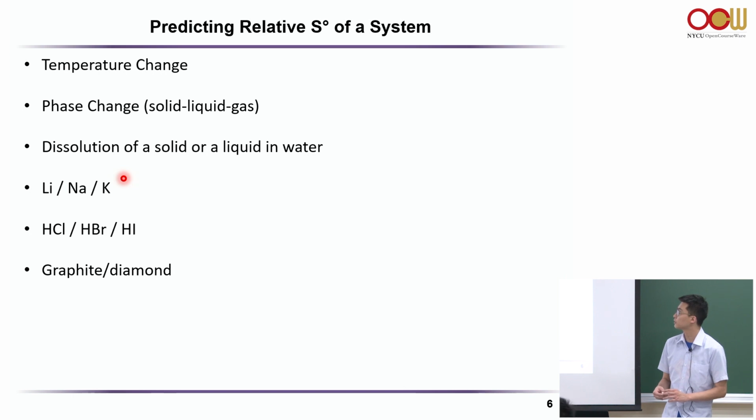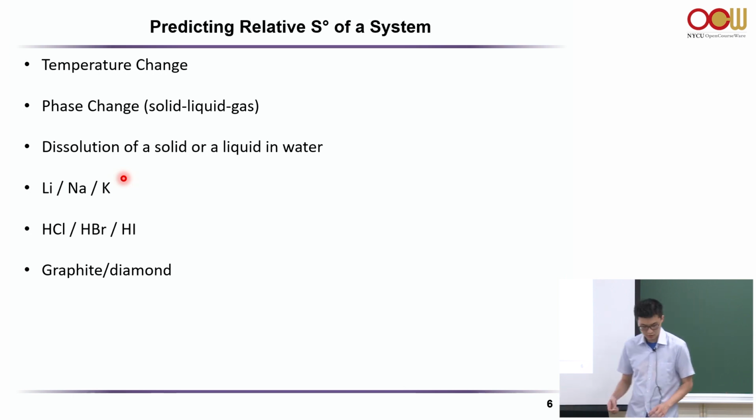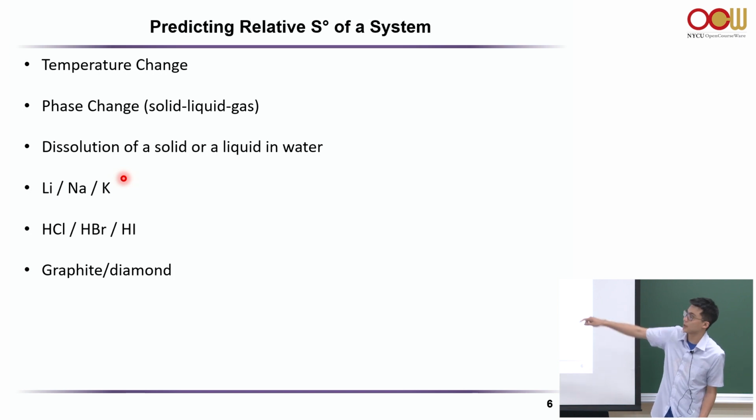I would like you to go through each of these cases and figure out on your own whether the delta S is positive or negative for each of these systems, or their relative values for the metal and acid. Temperature change is easy to understand.